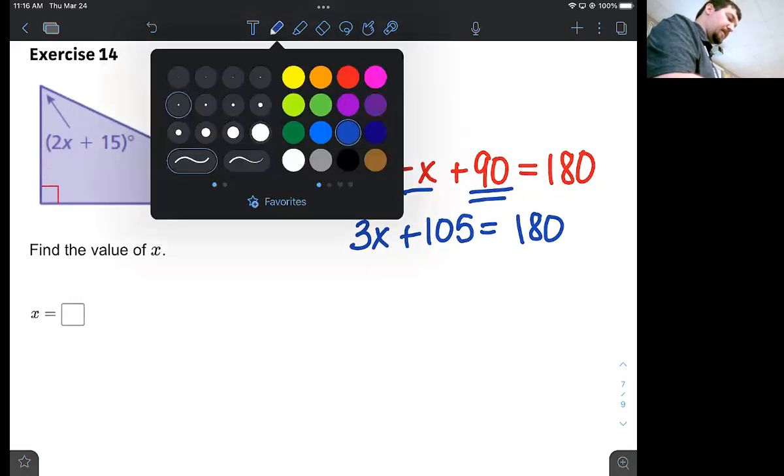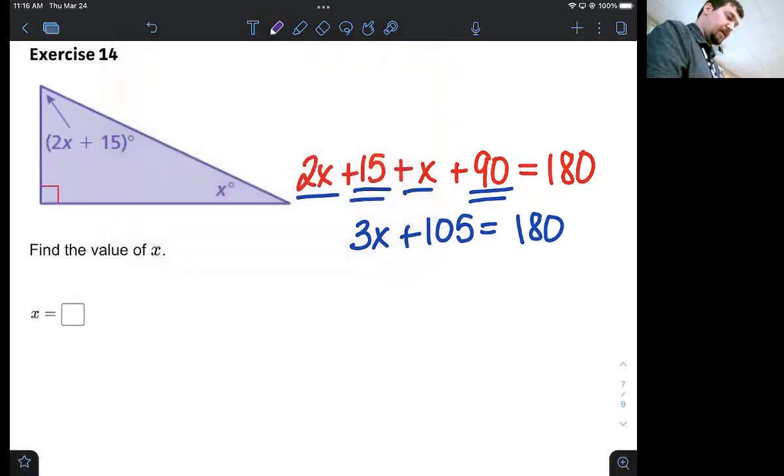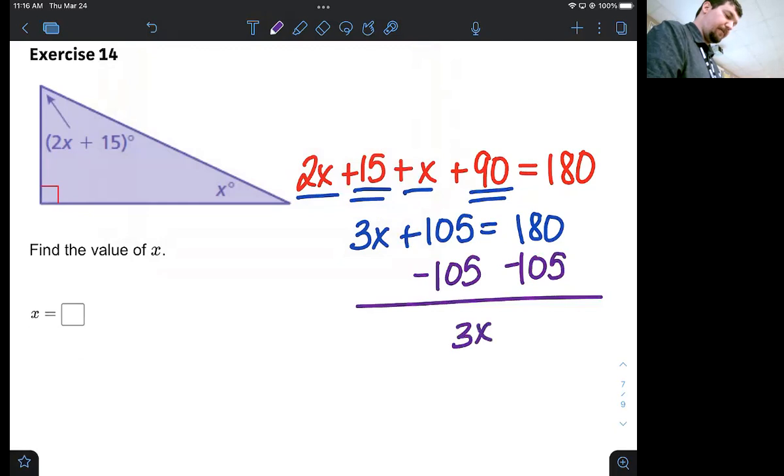Leave the 3 that's being multiplied, leave it for the end. So we're going to subtract 105 from both sides. What's 180 minus 105? 75. And then now to get x by itself, divide by 3. That's right. We get 25. X is 25. There's the first part.